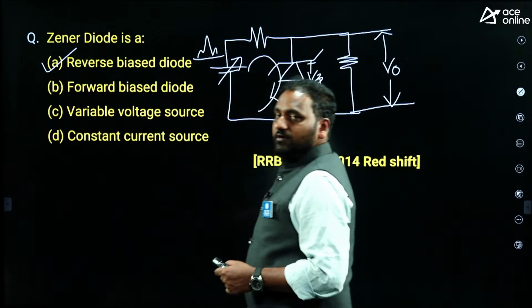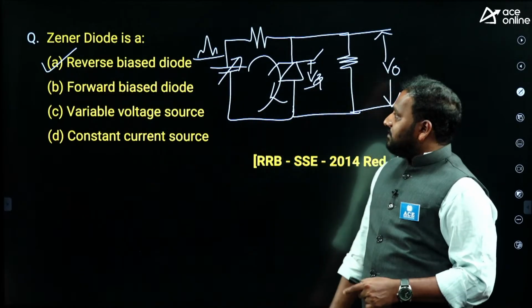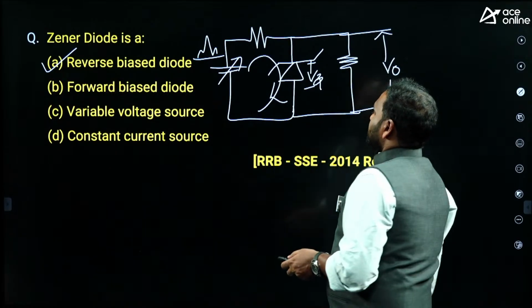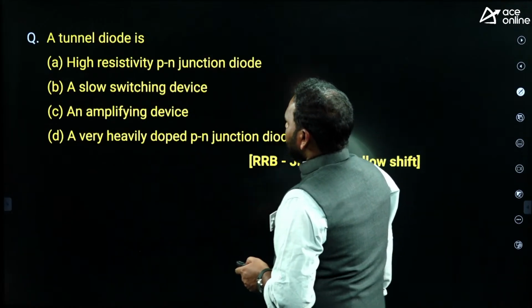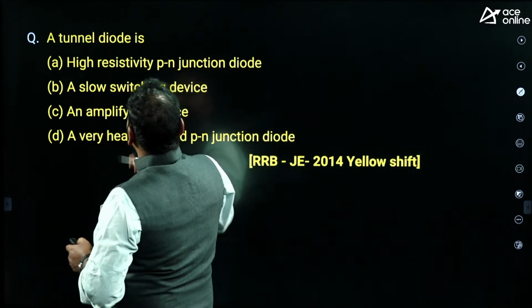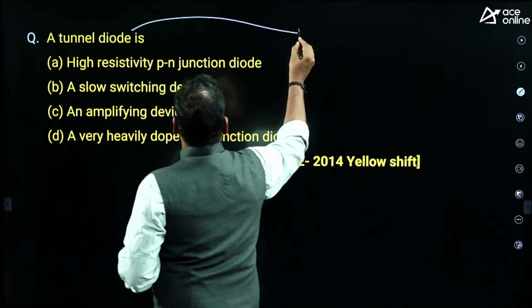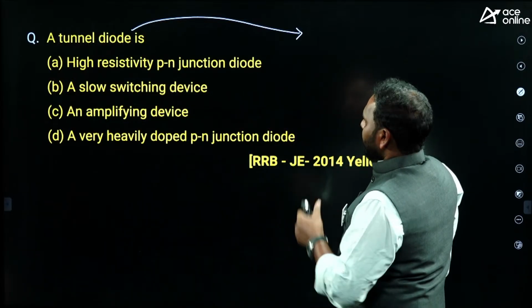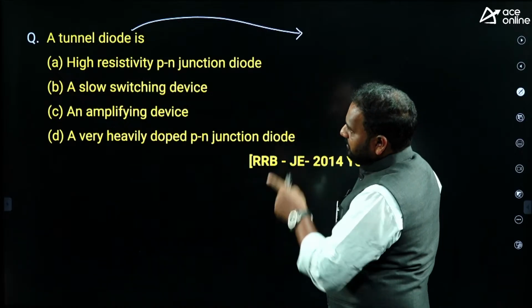PN diode and LED, light emitting diode, these are forward bias diodes. Now the tunnel diode. Do you remember, in the tunnel diode we use very high doping, as I explained in the doping profile. Extremely heavy doping is preferred in the tunnel diode.